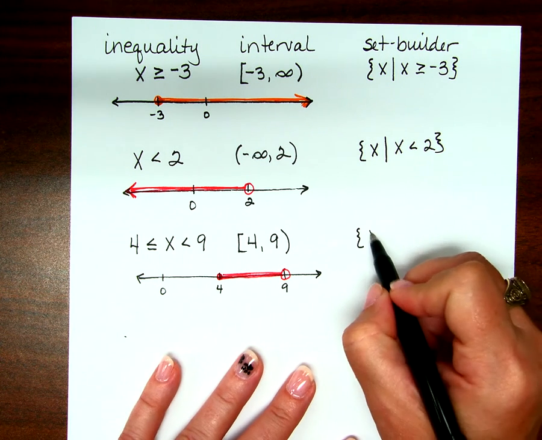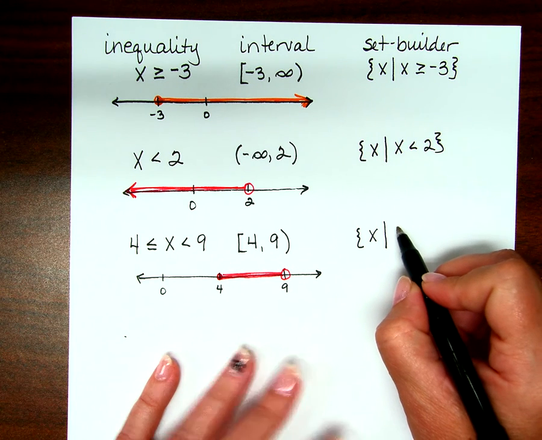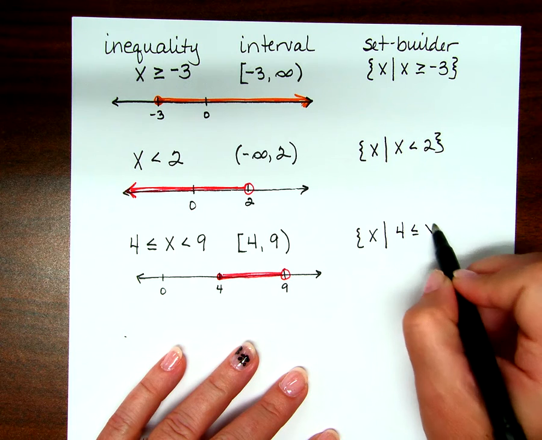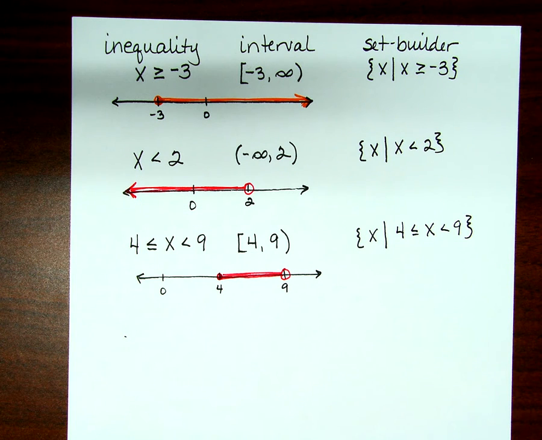Braces. Such that. Then this, just this, right? 4 is less than or equal to x is less than 9. Huh? You guys are so smart. Let me take that back. You remember what you were taught very well. How about that? Plus, you're probably smart too.